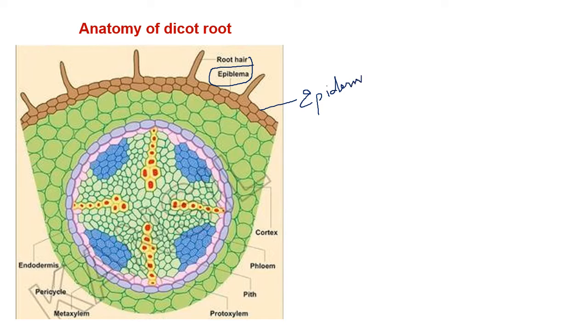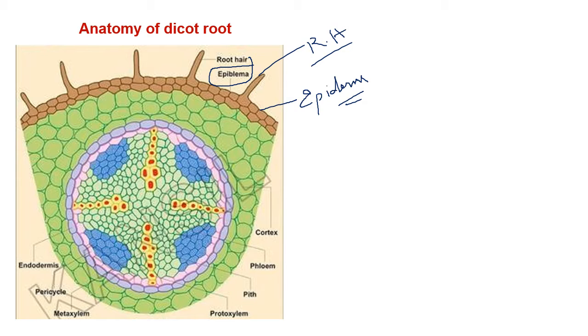Epidermis or epiblema is the outermost layer of the dicot root, and it is formed of barrel shaped cells, and some of the cells protrude towards the outer side and form small hair-like structures which are known as root hairs, and these root hairs help in the absorption of the water. Now this is the outermost layer of the dicot root.